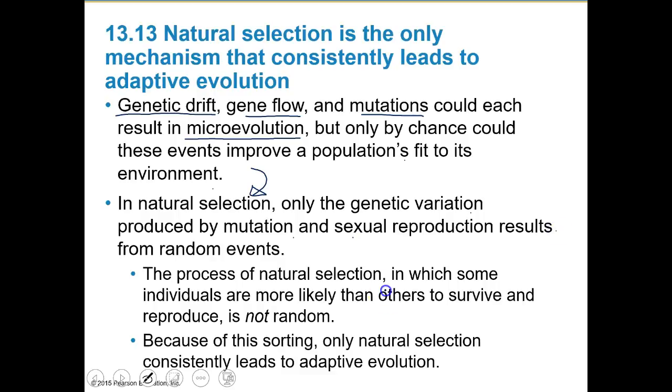The process of natural selection, in which some individuals are more likely than others to survive and reproduce, is not random. So some of these may be random, but these are not. Natural selection is not random. Because of this sorting, only natural selection consistently leads to adaptive evolution. So this is one of our key points here.